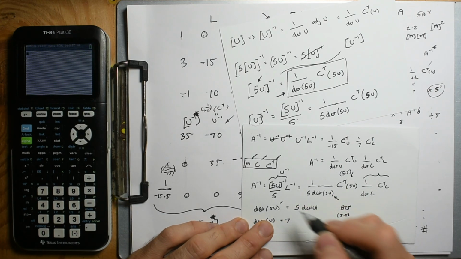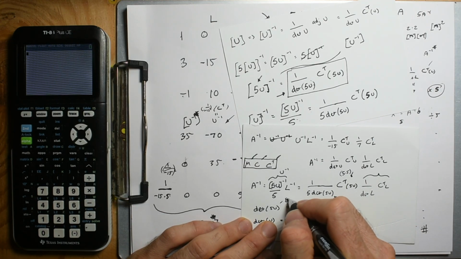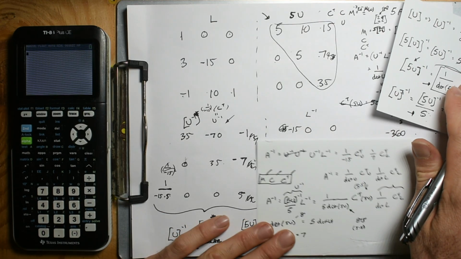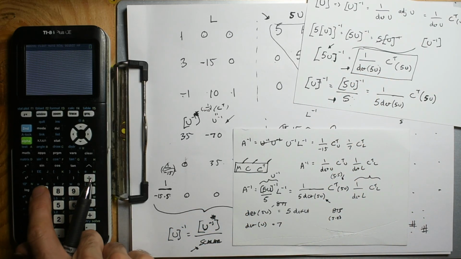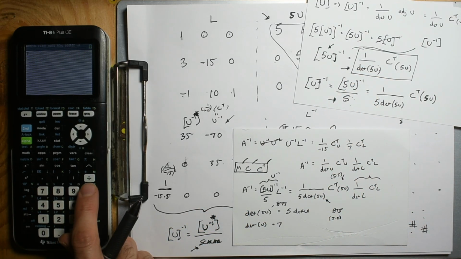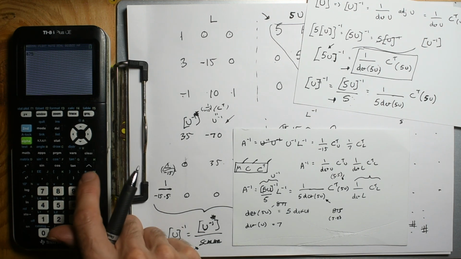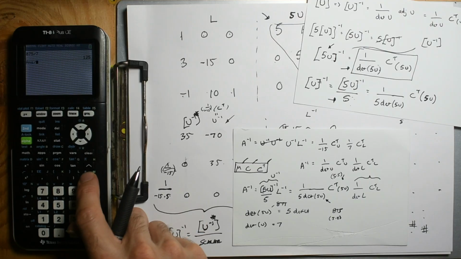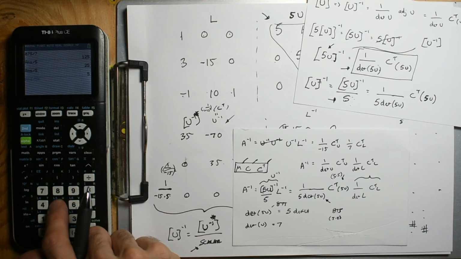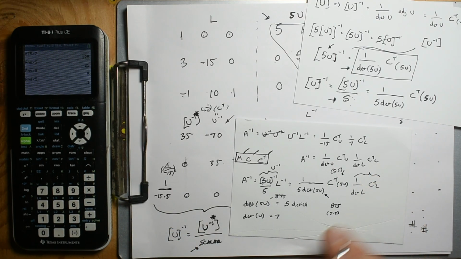The determinant of 5U is, bummer, 875. So 875 divided by 7, divided by 5, divided by 5. So it's a factor of 3.